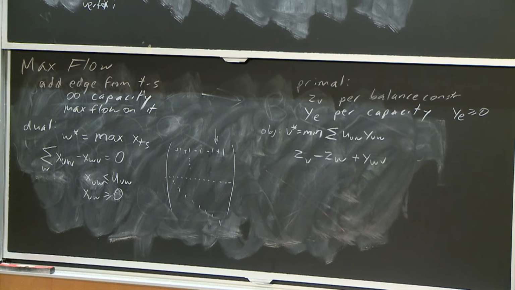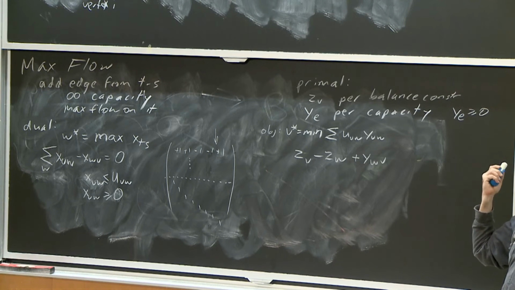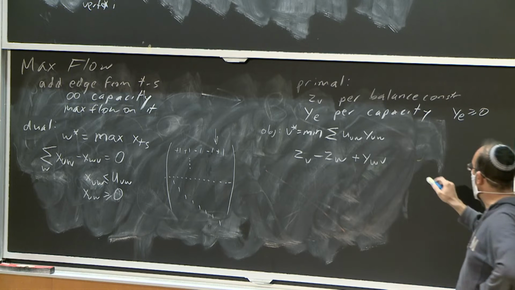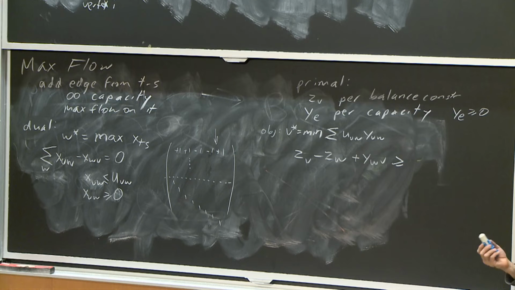Non-negative variables, you don't say whether a constraint is non-negative or not, but you have to say whether it's an upper bound or a lower bound. Exactly. Again, our variables are non-negative, so our constraints are in the natural direction. This is a minimization problem, so you're going to see lower bounding constraints.